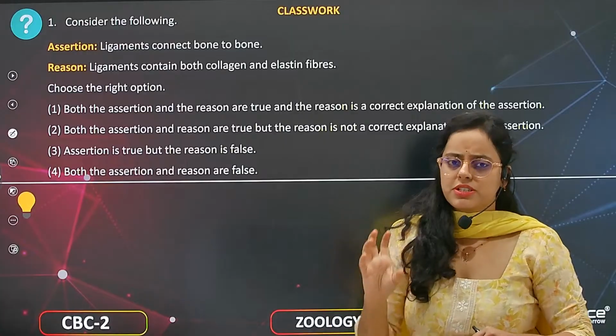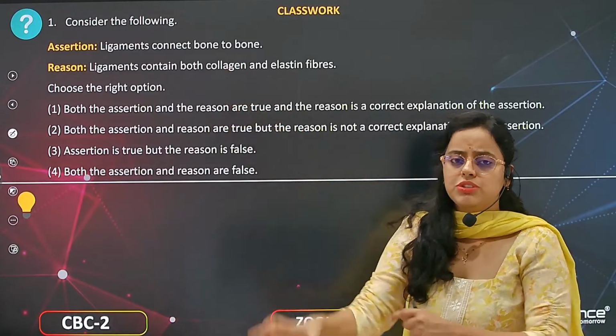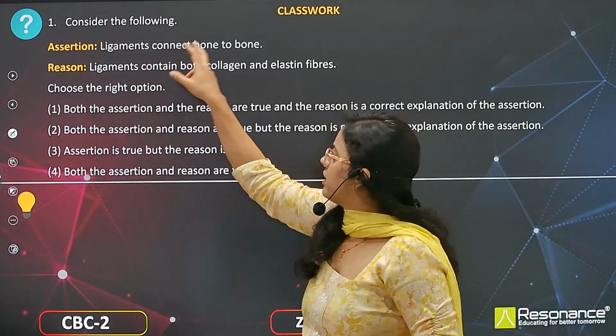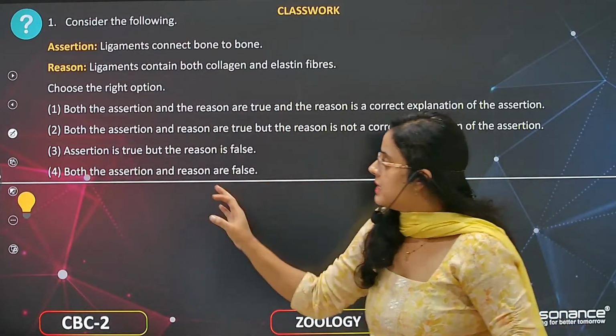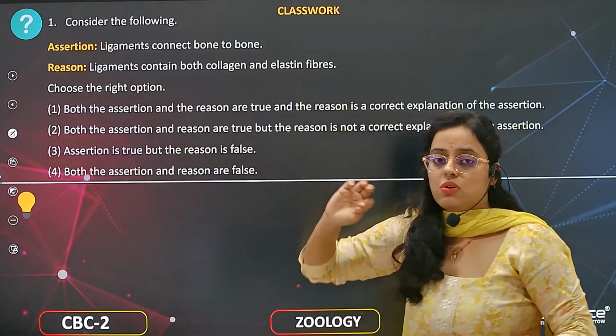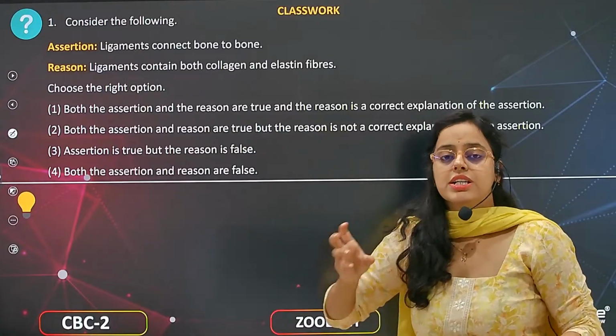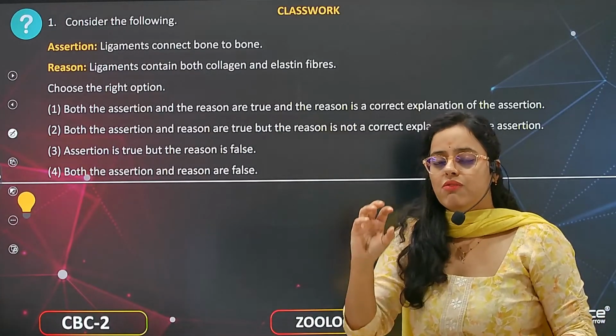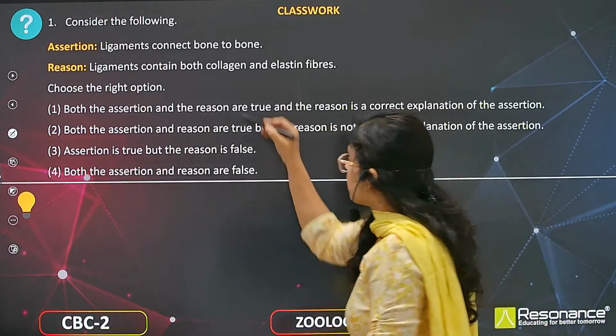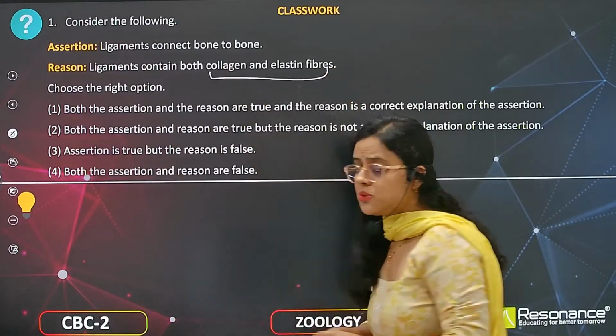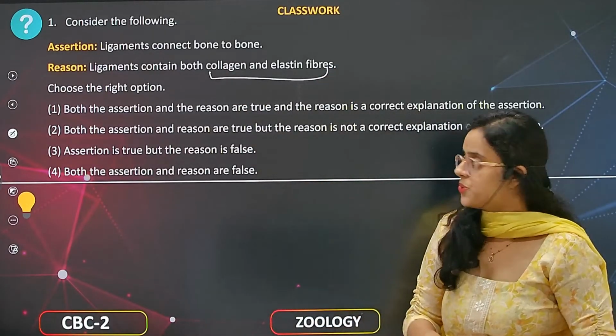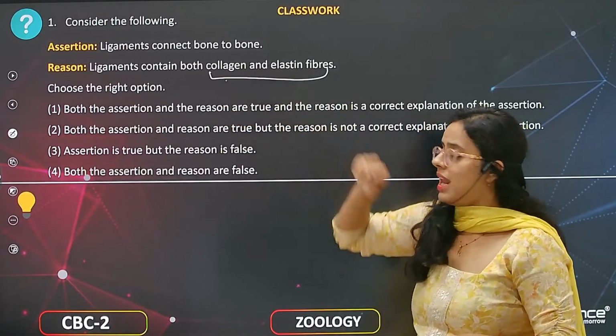They are generally present in the joints, right? So ligaments connect bone to bone. That is correct. Reason: ligaments contain both collagen and elastin fibers. That is the reason they are able to connect one bone to another. So they have both white fibrous tissue and yellow fibrous tissue, that is collagen and elastin.